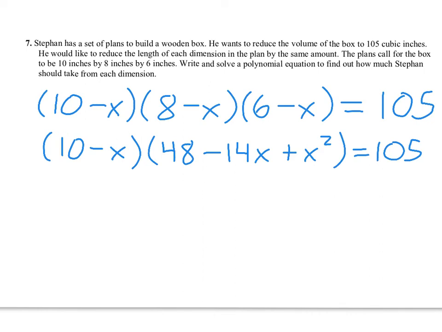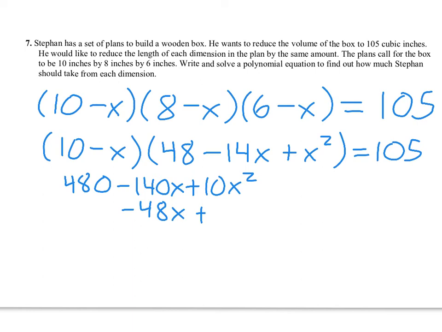Distributing 10 to the trinomial, we get 480 minus 140x plus 10x squared. And now distributing the negative x to the trinomial, we get negative 48x plus 14x squared minus x to the third.